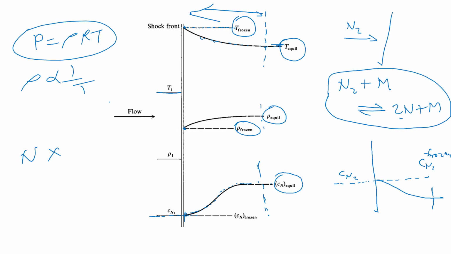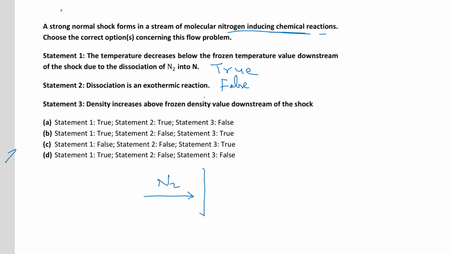Not only this, downstream of the shock, this density is also greater than frozen density. So this statement is also true. So which option will be correct? Option B, because statement 1 is true, statement 2 is false, and statement 3 is true.